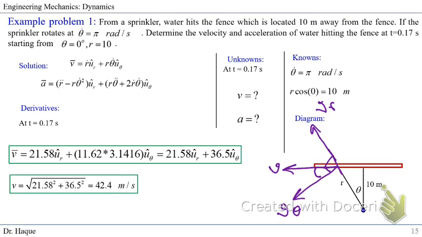So what will be this angle? It will be the same as this theta.